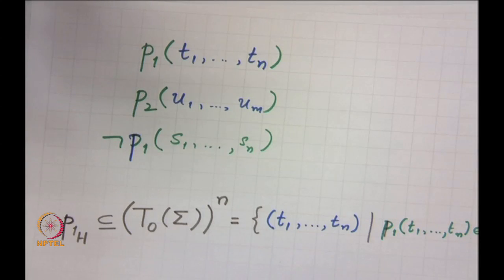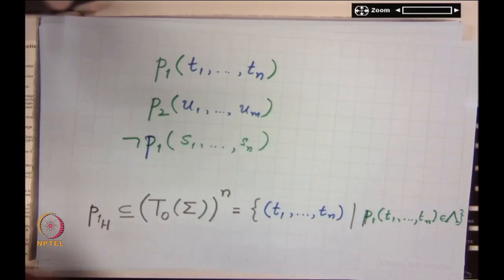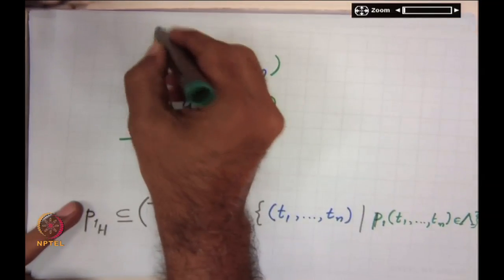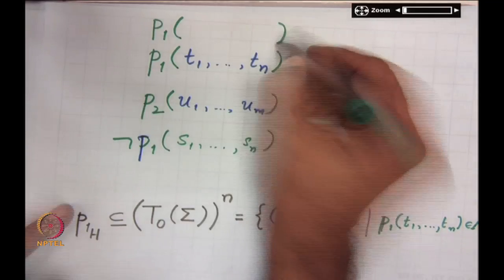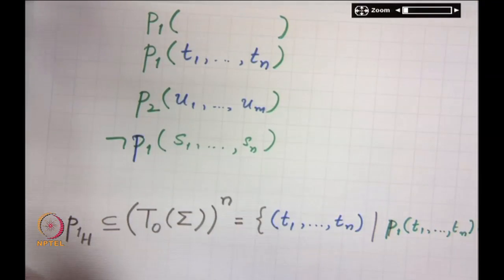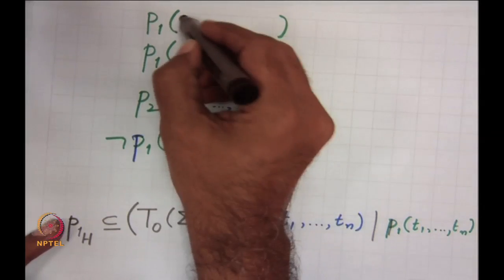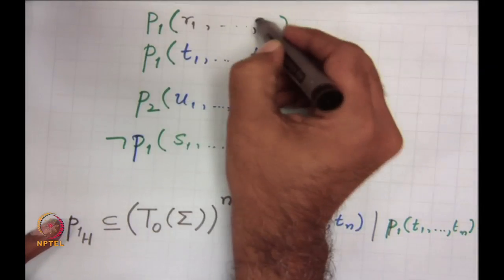Okay. So, you take all these n-tuples of terms where, for example, you could also have some other term with the same atomic predicate also occurring in positive form, of, let us say, R1 to Rn, where R1 to Rn are terms, right.